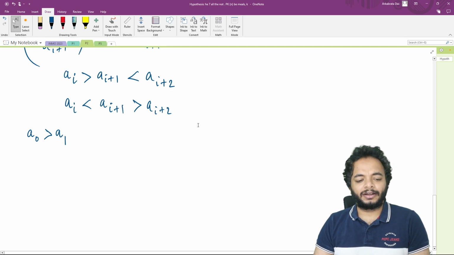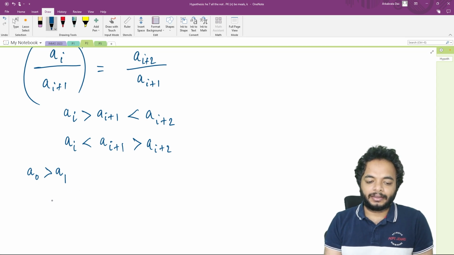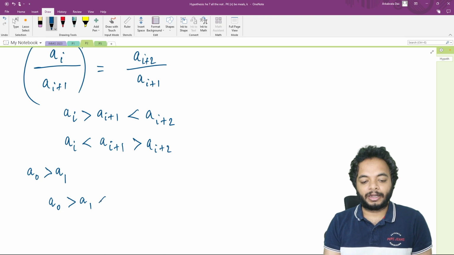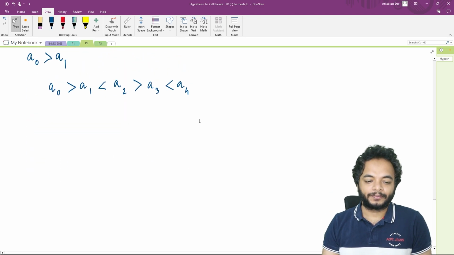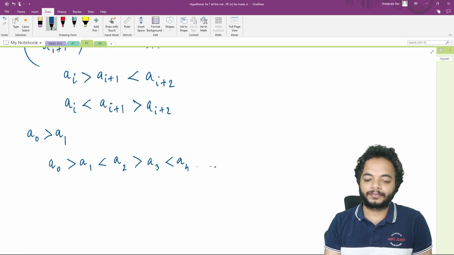Okay, so if a0 is greater than a1, then what do we get? We get that a0 is greater than a1, and again a1 will be lesser than a2, and a2 again would be greater than a3, and a3 would be lesser than a4, and so on and so forth. This would continue.